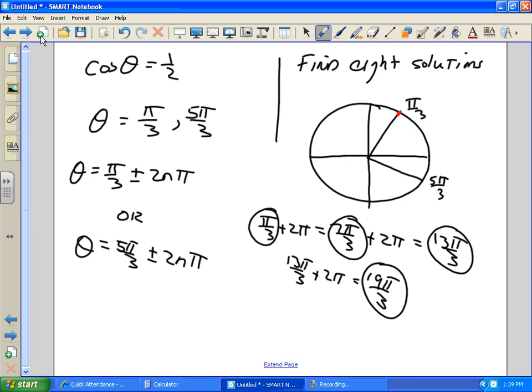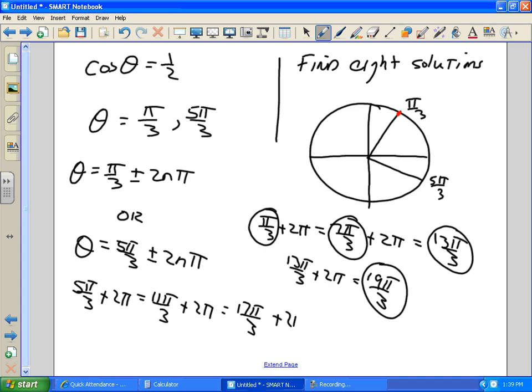Then I could do the same exact thing with 5 pi over 3. Do you have to go in the positive direction? No. Could you go in the negative direction? As long as you're adding and subtracting 2 pi, you will always end up in the same spot. So I could have 5 pi over 3 plus 2 pi, which is 11 pi over 3. Plus 2 pi is 17 pi over 3.